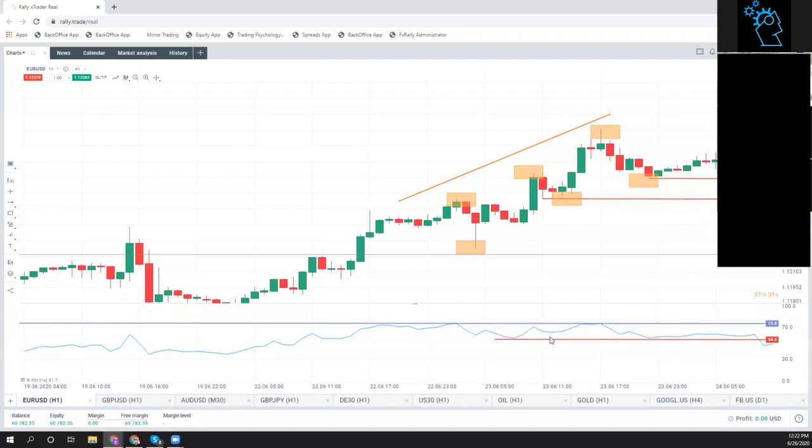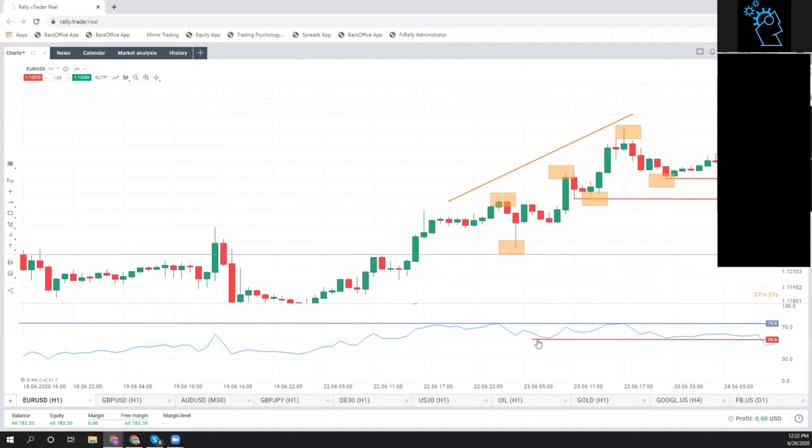In the meantime, you can also see, and this is why I love RSI more when it comes to divergences rather than MACD and stochastic and any other, is because it also gives you support and resistance levels. I showed you 75 as being a resistance, which gave us the divergence.